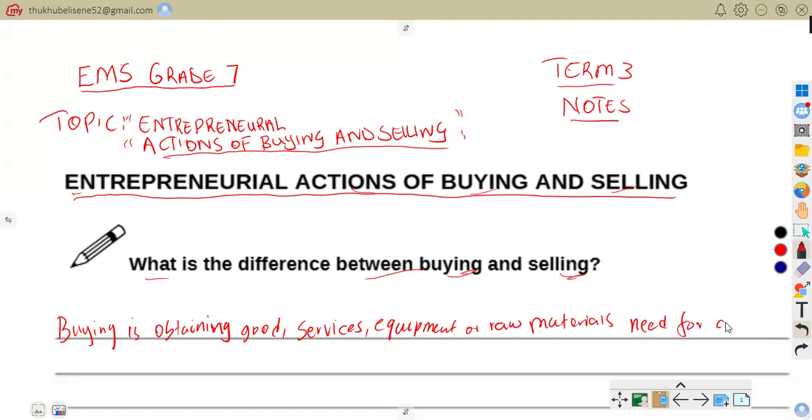Needed for a business. So that is buying.